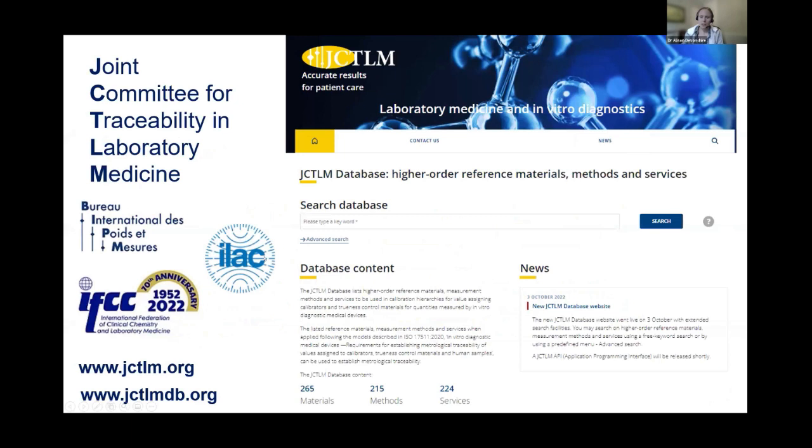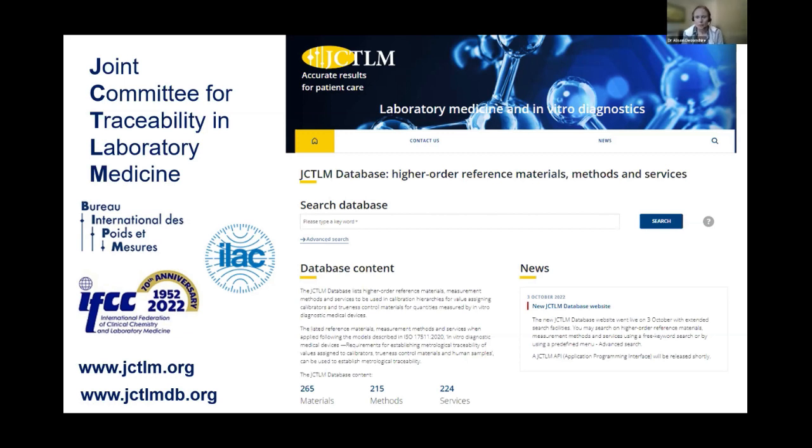And this reference measurement procedure for KRAS G12D was also accepted as the first human genetic reference measurement procedure within the JCTLM database. So this is the Joint Committee for Traceability in Laboratory Medicine. And this is a cooperation between the world of metrology, laboratory medicine, and also worldwide accreditation bodies.